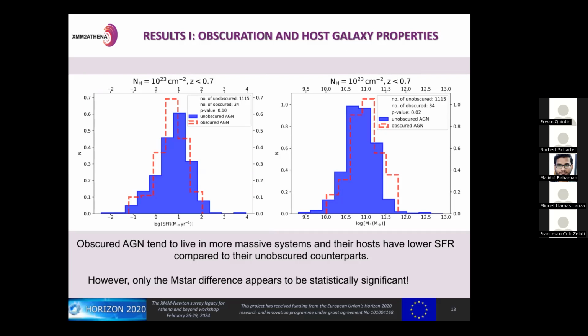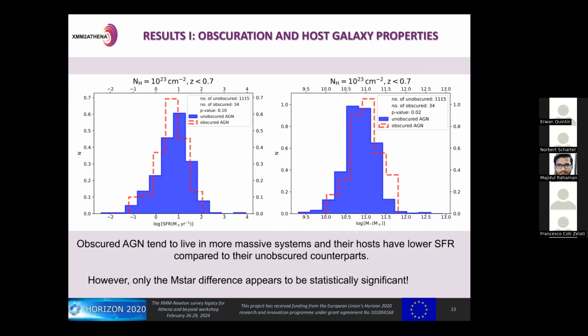The number of sources we ended up with is shown in the two panels of these plots. On the left panel, we see the star formation rate distributions, and on the right panel, the stellar mass distributions of X-ray obscured AGN, shown by the red dashed lines, and of X-ray unobscured AGN, shown by the blue shaded histograms.